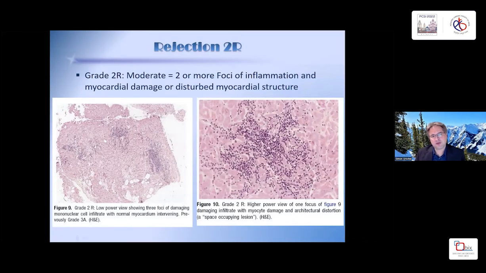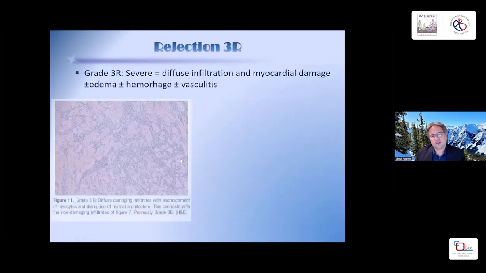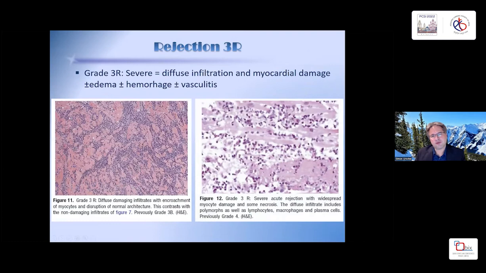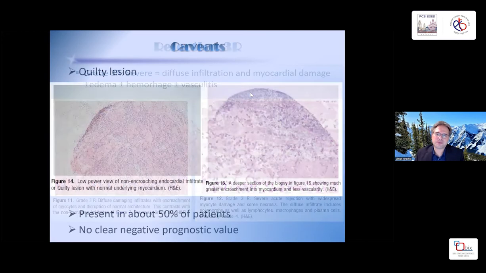If you have multiple of those foci, it becomes a grade 2R, and if you get into a situation where you have diffuse infiltrates with diffuse injury of the myocardium, as you can see here, where basically the architecture of the muscle is completely dissolved, then it becomes a 3R, often associated with edema, hemorrhage, and vasculitis.